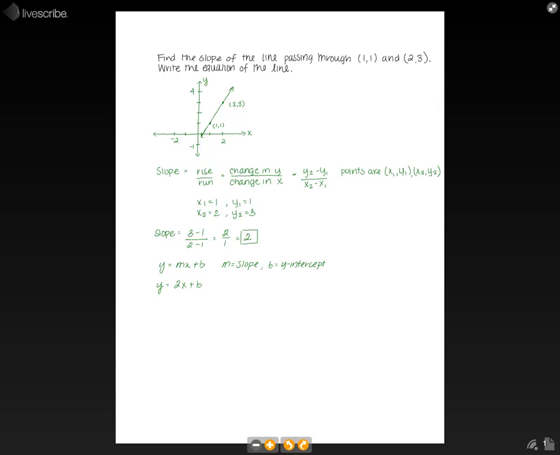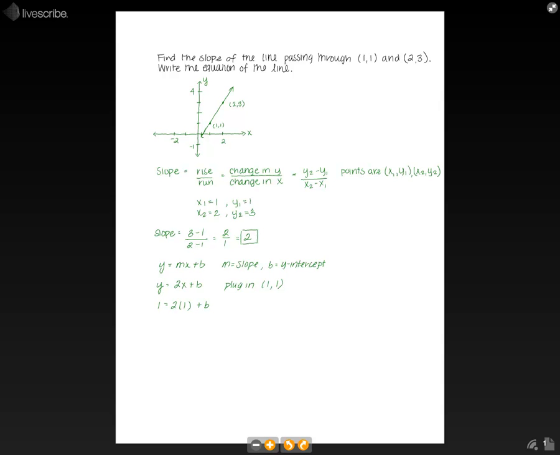So in order to do this, what we can do is plug in one of our points. Since we know that (1, 1) and (2, 3) are both on the line, they should both make this equation true. So we should be able to plug those in for x and y and solve for b. So let's plug in (1, 1). Once we do that, we get 1 is equal to 2 times 1 plus b.